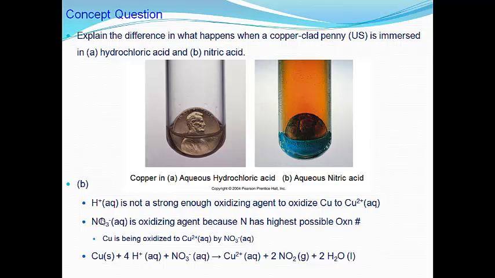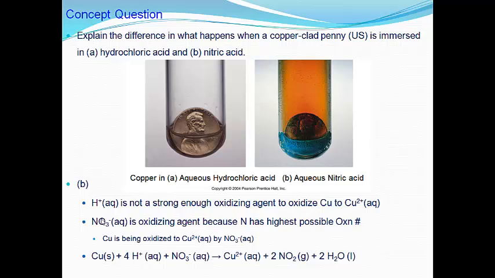And if you go back to our idea of the oxidation states of the nitrogen or the nonmetal in various species, in particular the oxidation state of N in nitrate, we see that the oxidation state is plus 5.